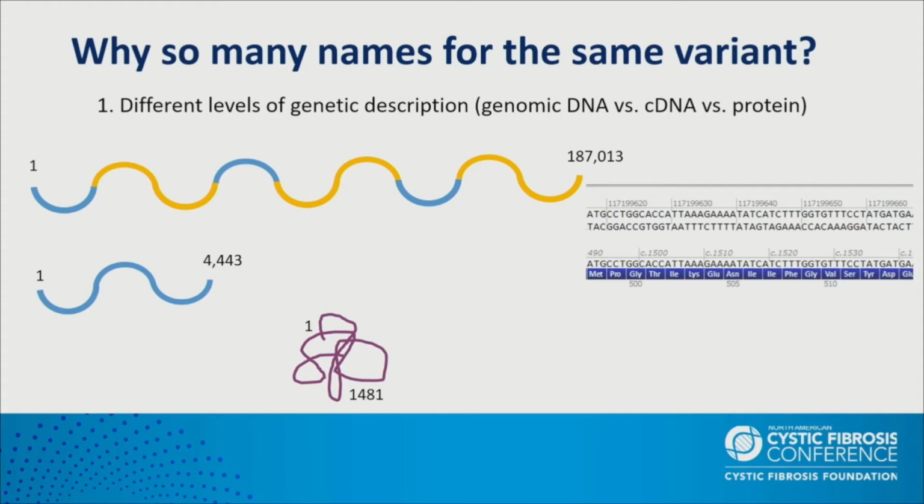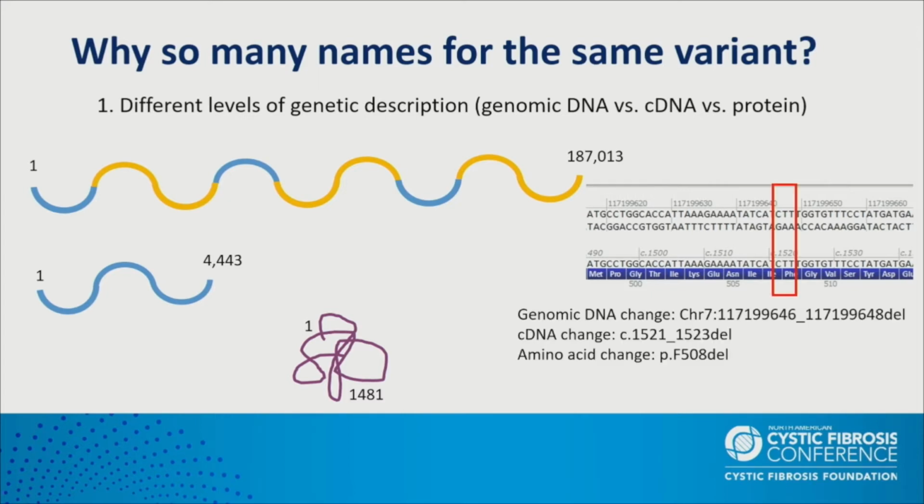So if we zoom in to a very specific segment of DNA in the CFTR gene, if we were to look at one triplet of CTT base pairs and delete that out of the sequence, there would be 3 different ways to describe that mutation if we're looking at the genomic level, the DNA coding level, or the protein level, and that's shown below.